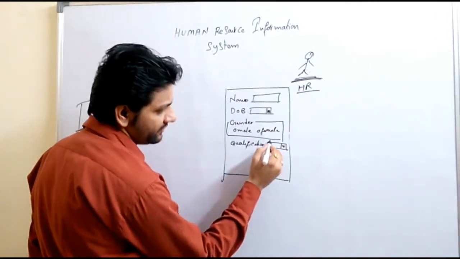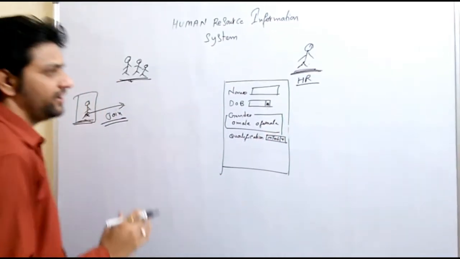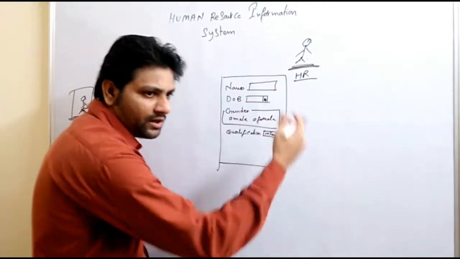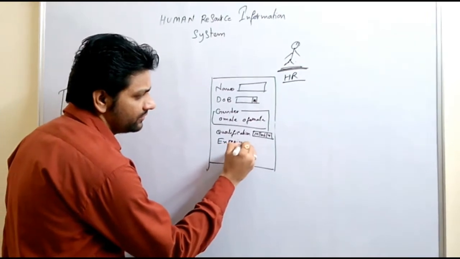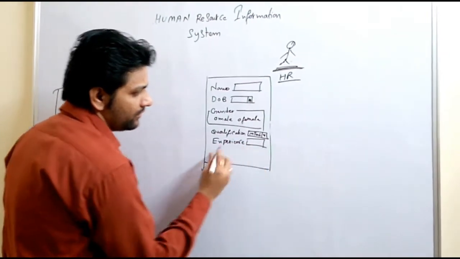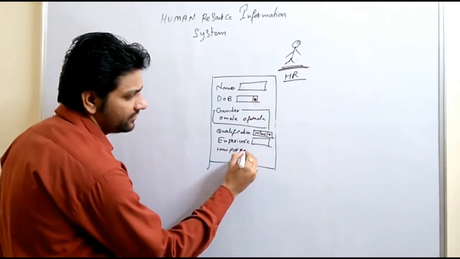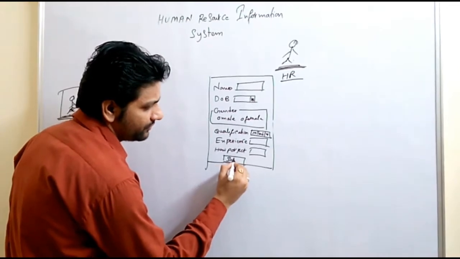Whenever he selects, a set of qualifications will come like this, and anything can be selected. Other things, like his experience and how many projects he has done, you can enter and click on submit.